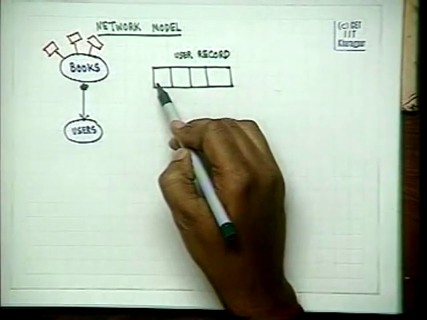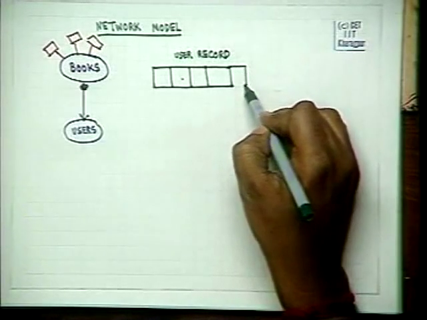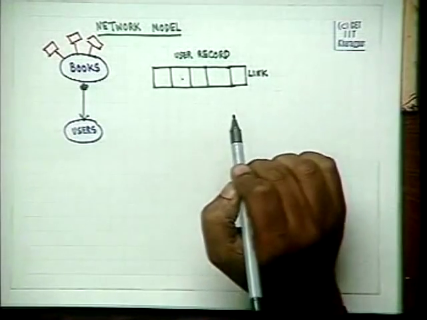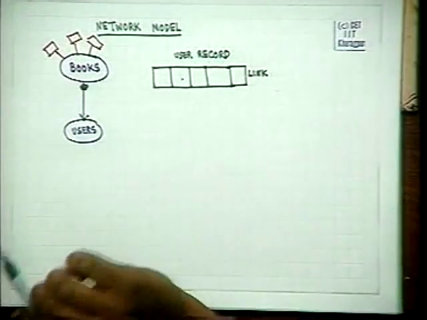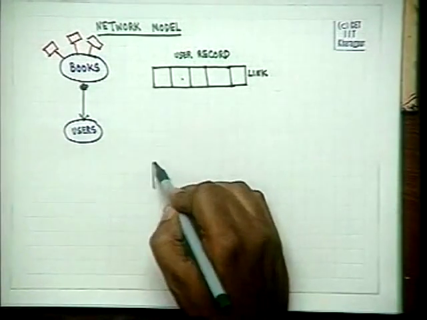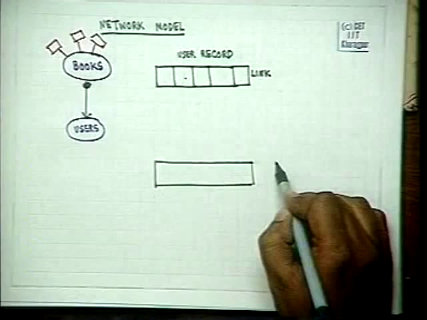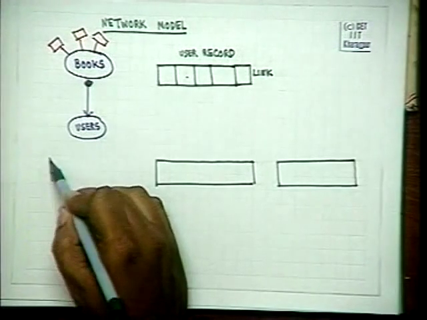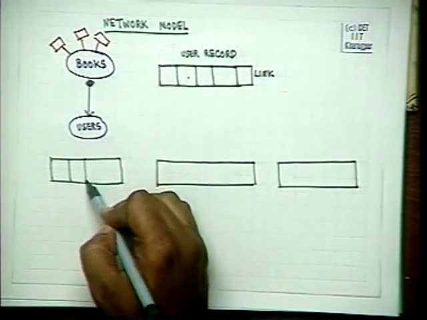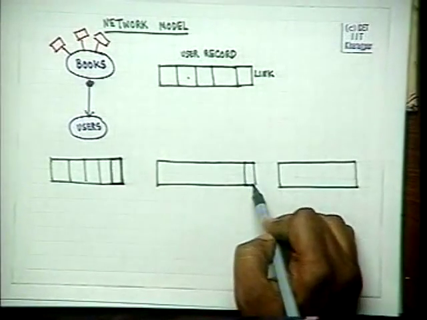These are fields corresponding to the card number, name, etc. There will be a link field which will link this up to the records corresponding to the books. This is one book, this is another book, this is a third book. And for all these books, you will have their attributes as well as a special link field. Each of them will have a link field.